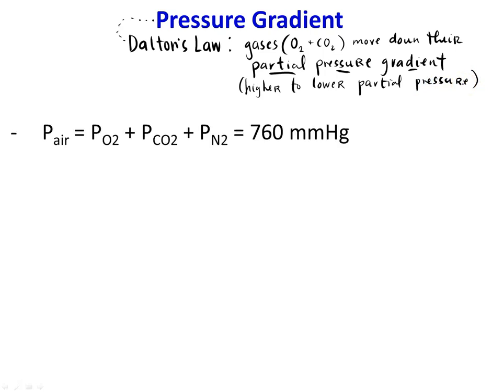Now, in the previous slide, we did bulk airflow of air. That is the pressure of air. But what is air made out of, people? There are so many molecules that make up air. We have oxygen, carbon dioxide, nitrogen. There's water molecules in its gaseous forms.